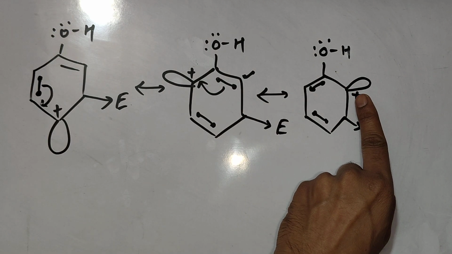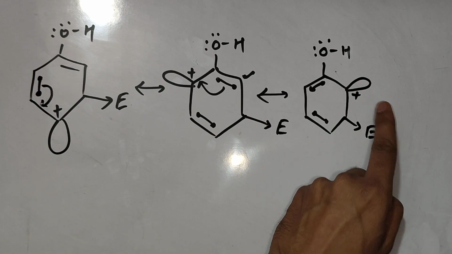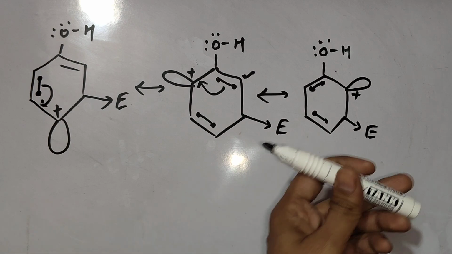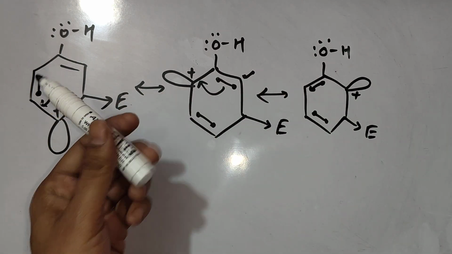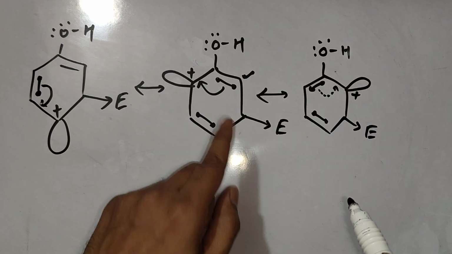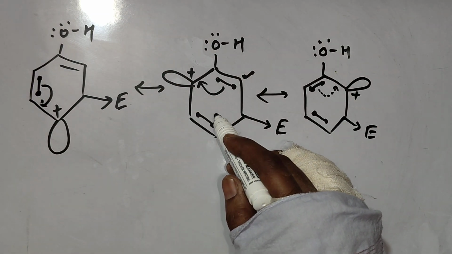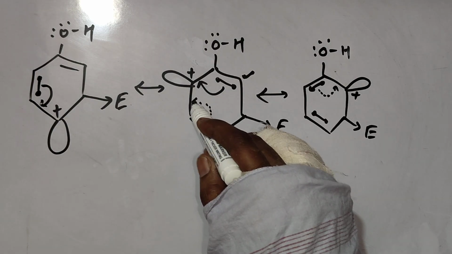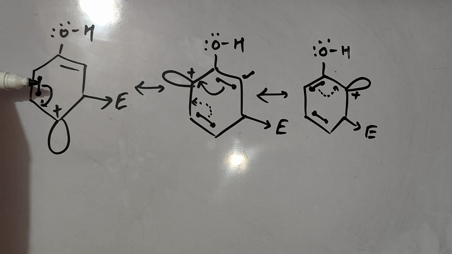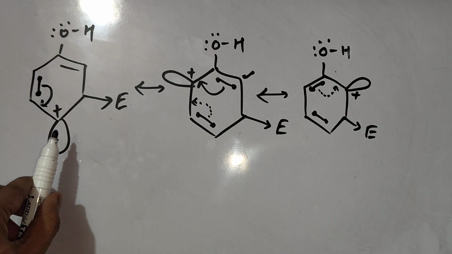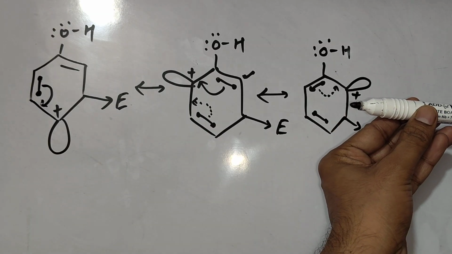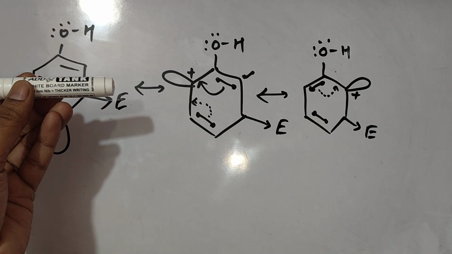Okay, now the positive charge is on this carbon. How will you stabilize it? The only option you have is to go in reverse direction. Make it here. Again the vacant orbital will come here, and then you will satisfy it like this, and again the vacant orbital will come here. So this carbocation is getting stability like this, and obviously you have to go in backward direction like this.